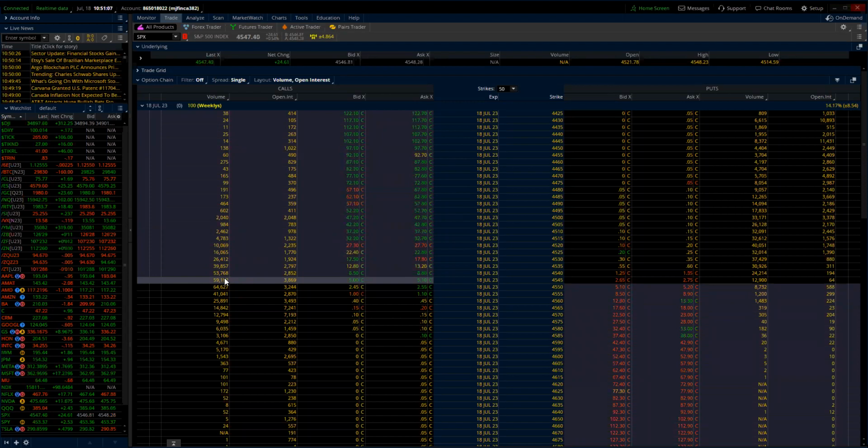Then these expire and they settle into cash. So they become very popular, and they're popular with the larger trading firms, larger banks. These are heavily, heavily traded.